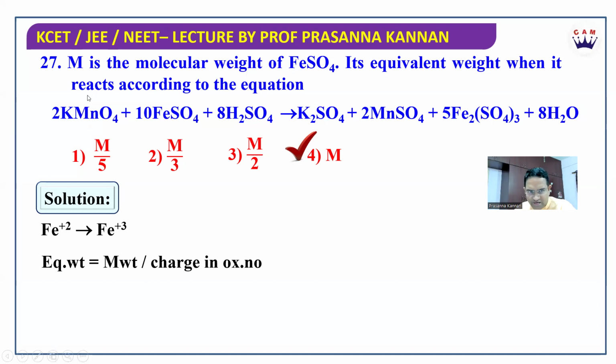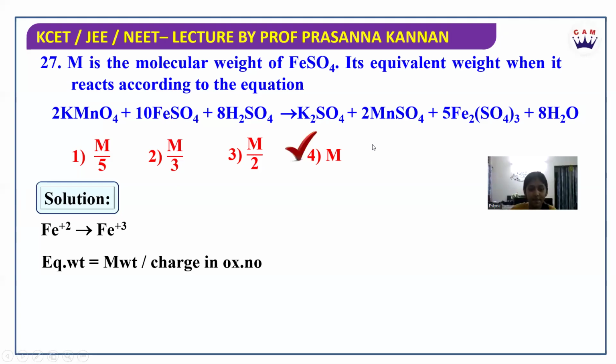Here, manganese oxidation state is +7, whereas in manganese sulfate, the oxidation state of manganese is only +2. We are not bothered about it because we are only asked to find the equivalent weight of ferrous sulfate. Clear, Evelyn? Okay, yes, sir.